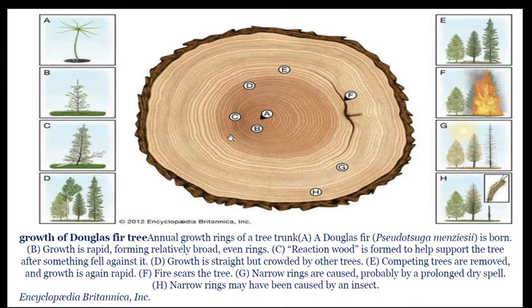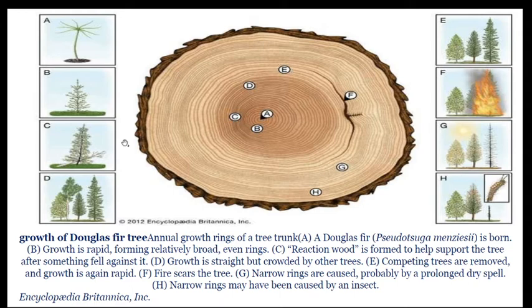Then B is growth which is rapid, forming relatively broad even annual rings. Later on, C is the reaction wood, which is formed to help support the tree after something fell against it.